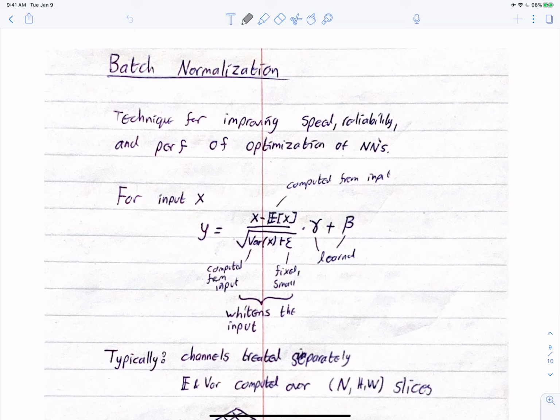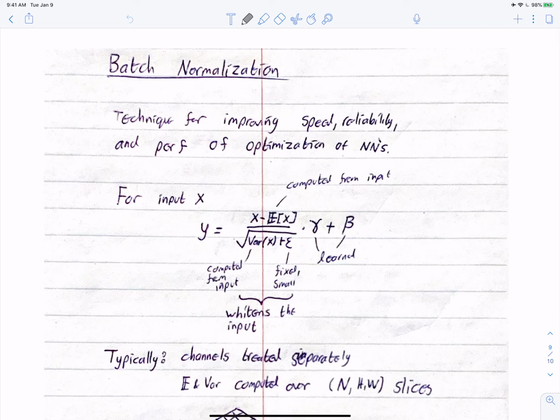The input, it's going to first center, and then rescale so that it has unit variance. Then it's going to allow itself to scale that quantity by some parameter gamma, and then translate that quantity by some parameter beta, which is learned.